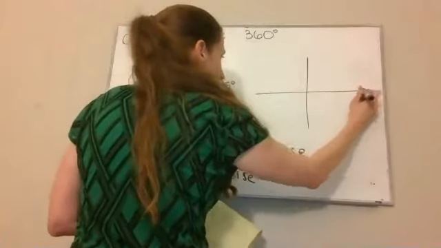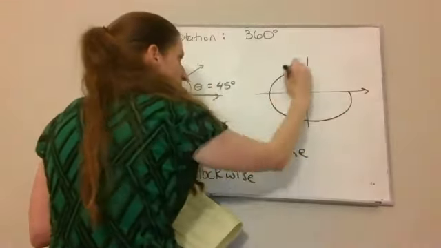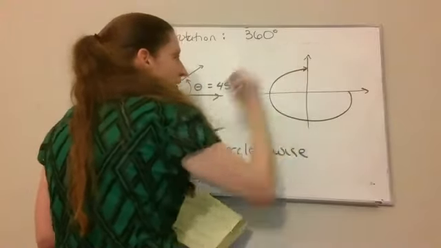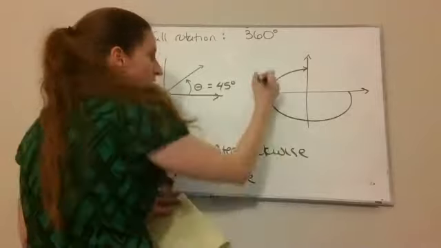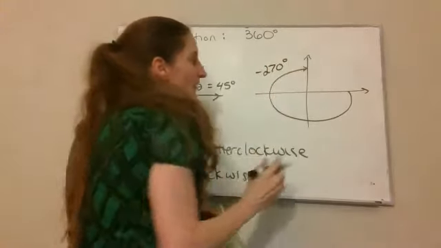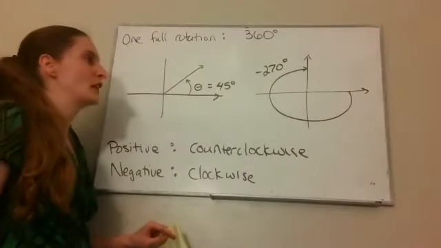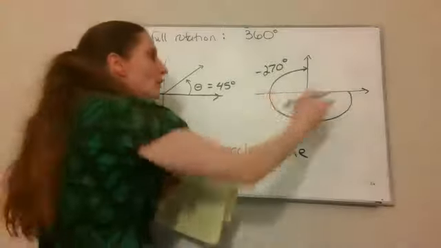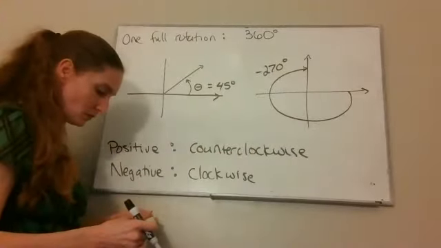And this angle that goes all the way around 3/4 of the circle, that is negative 270 degrees. It's negative because I'm going clockwise around, 270 degrees because 3/4 of 360 degrees is 270 degrees.